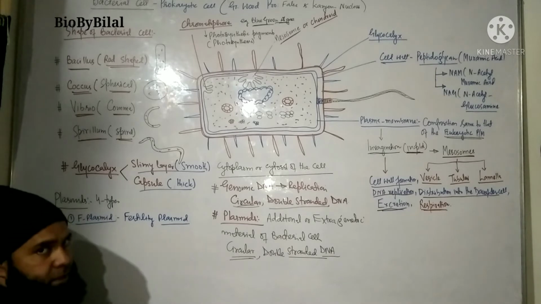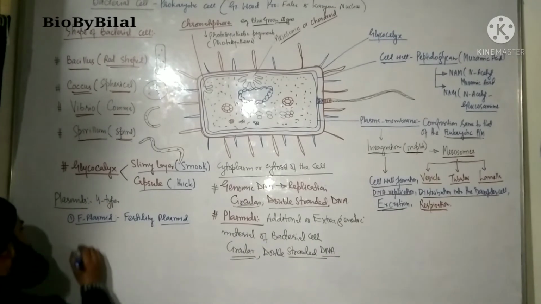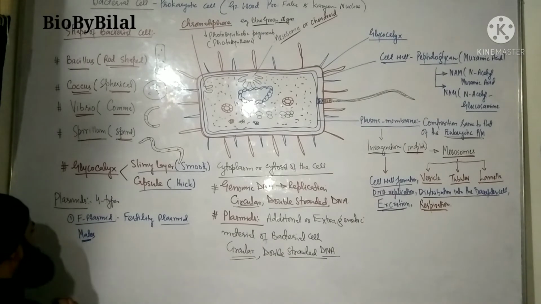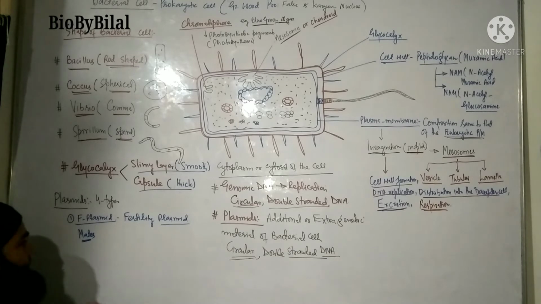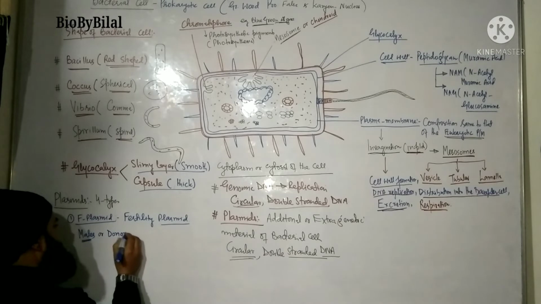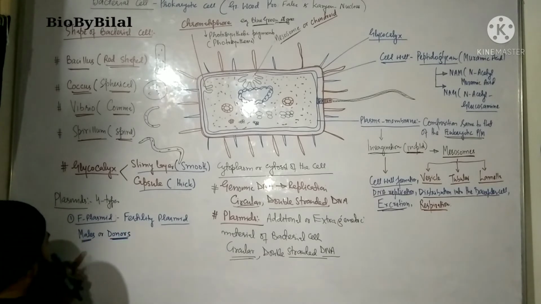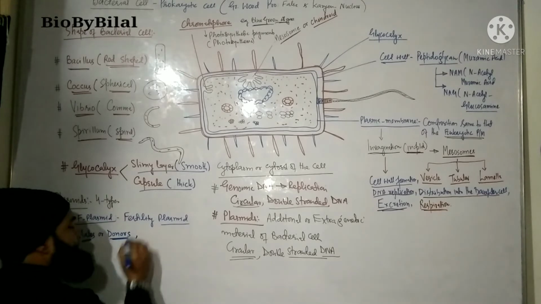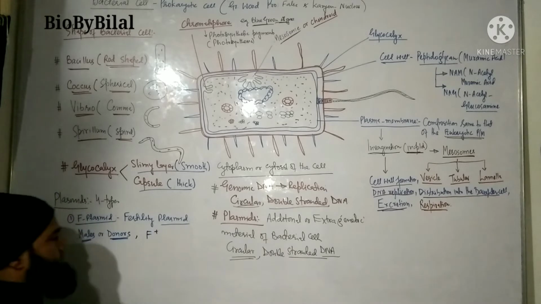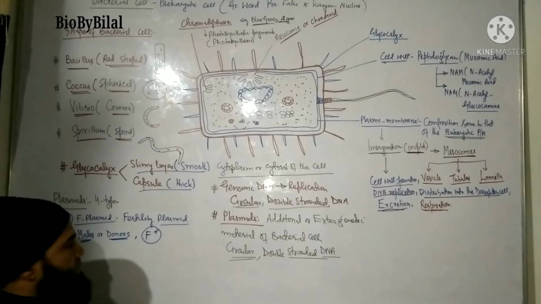Those bacteria which contain the F plasmid are considered to be the males, because these contain the fertility factor. They are also called the donors or the males, and we can represent them with F plus. So F plus category are the male bacteria.